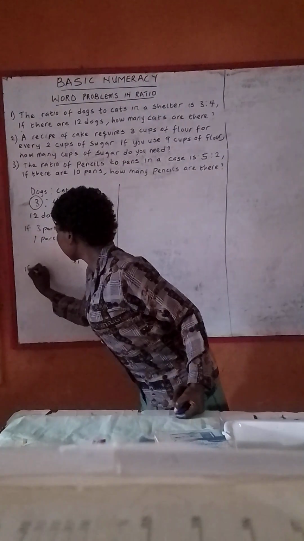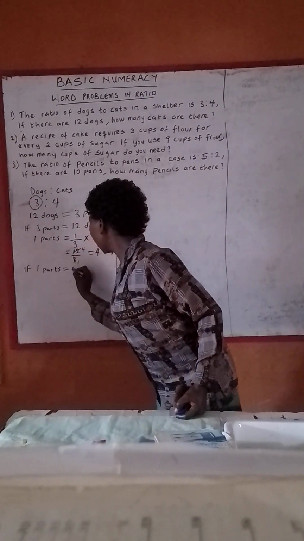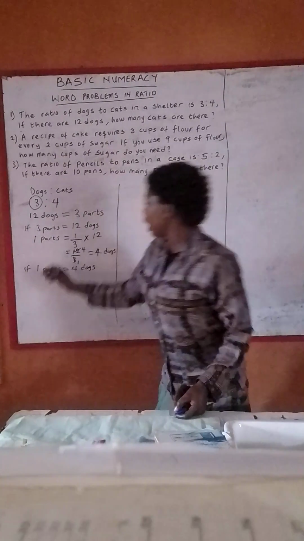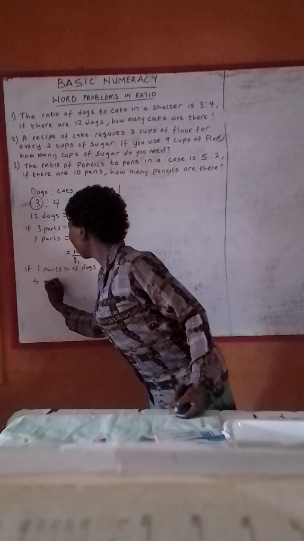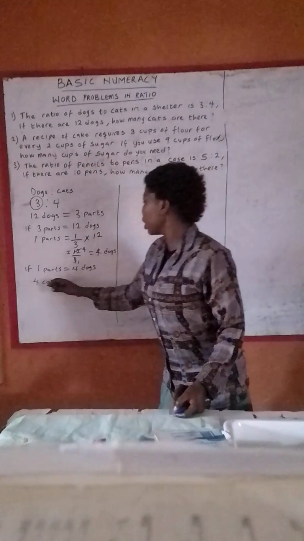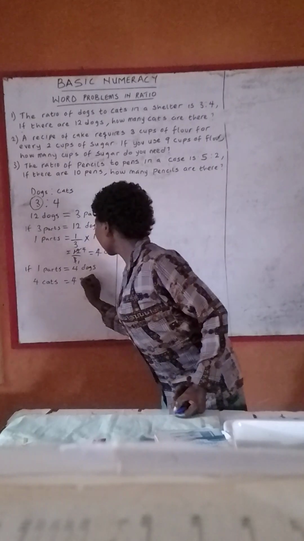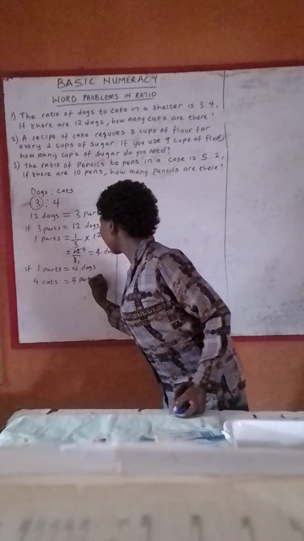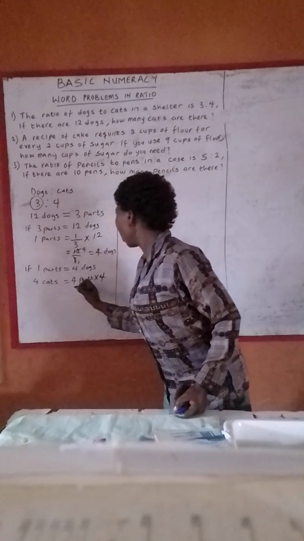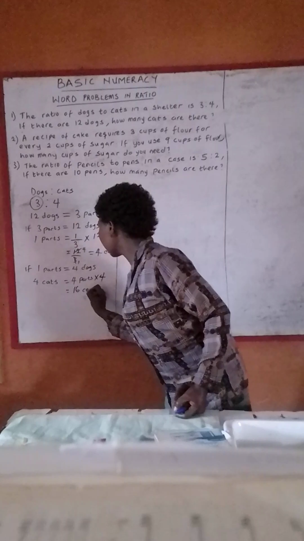So if 1 part equals 4 dogs, now 4 cats will be what? 4 cats will be 4 parts, multiplied by 4, and that will be 16 cats.